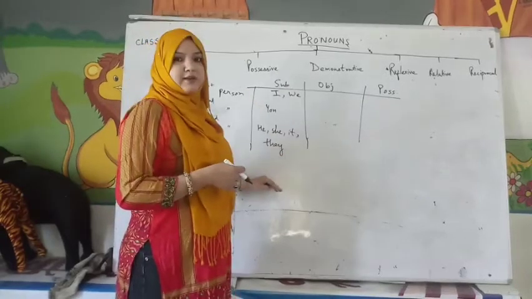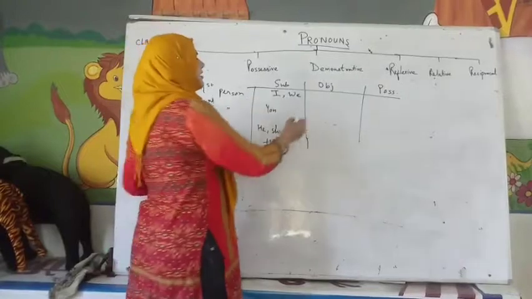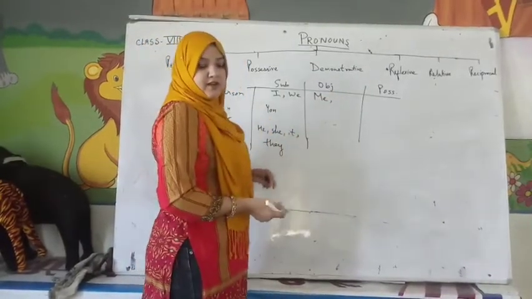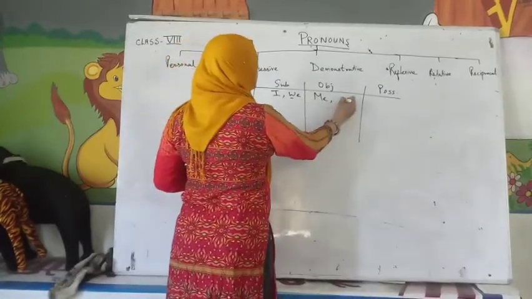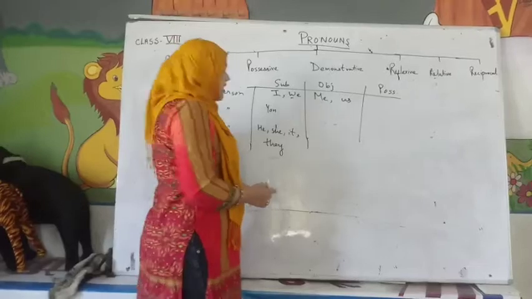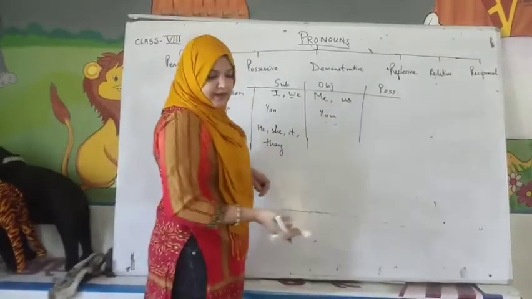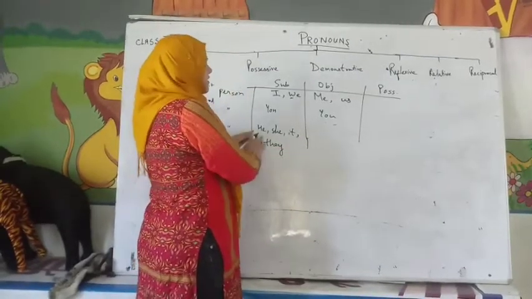This we use for subject, and for object, I becomes me, and we becomes us. You, of course, you have to use you only. And then he, she, it, they: he becomes what?